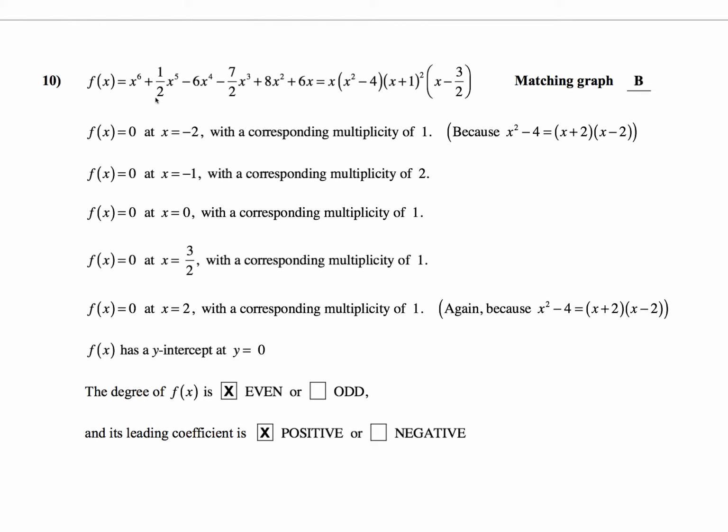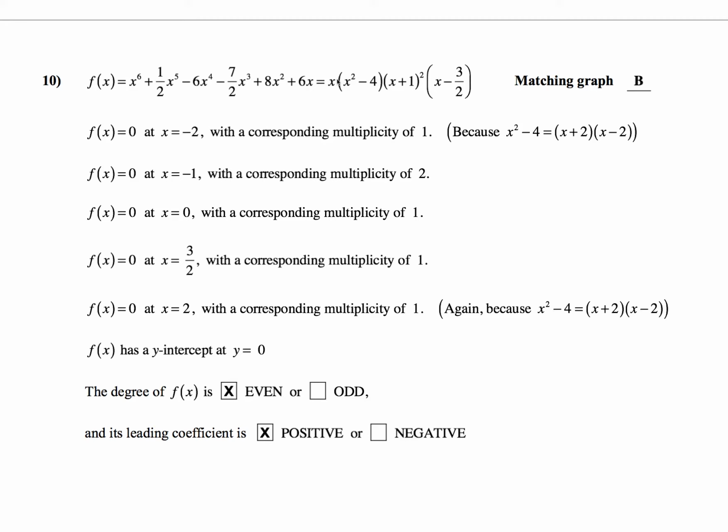In any case, we have a polynomial with a 0 at -2, and its multiplicity is 1, and we have a 0 at -1, and that multiplicity is 2. So the graph is only going to bounce at -1, at x is -1. So we'll try to keep that in mind. Let's see, there's a 0 at 0, because we have an x here by itself. 0 here means this whole thing is 0.